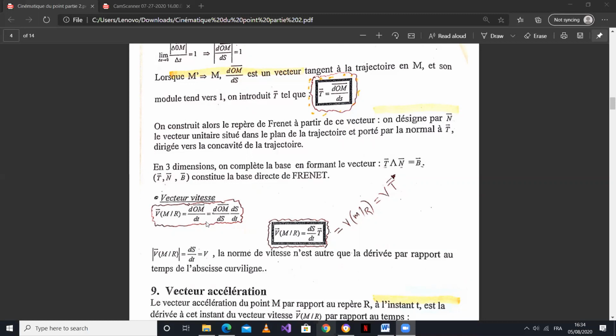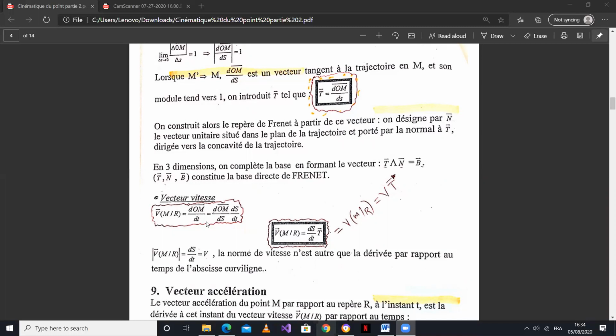Instead of saying d OM dt, which is going to be a bit hard for us to derive because we don't have the expression of OM en fonction du temps, we're going to decompose it. So instead of d OM dt, we'll use d OM ds multiplied by ds sur dt.